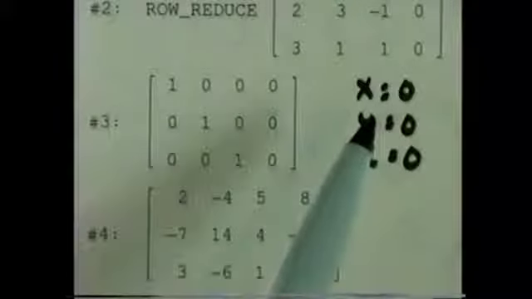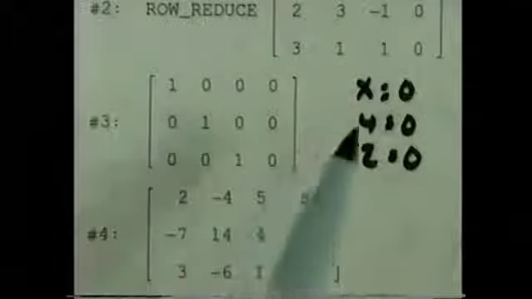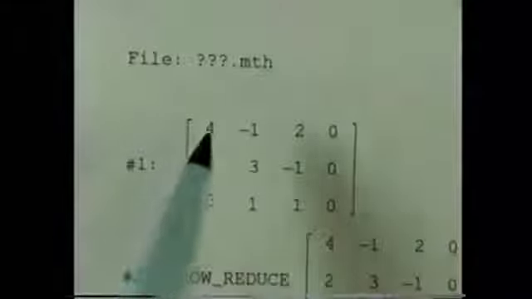The nullity of A is 0. 3 plus 0 is the number of columns of my matrix. We started with an m by n matrix, or in this case, 3 by 3. So n would be 3.